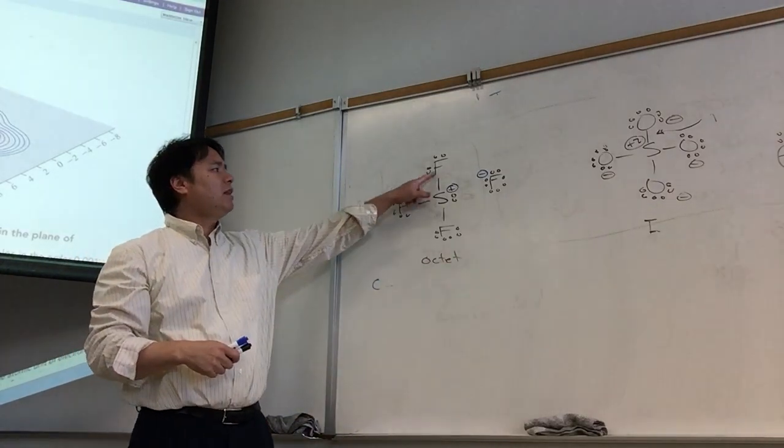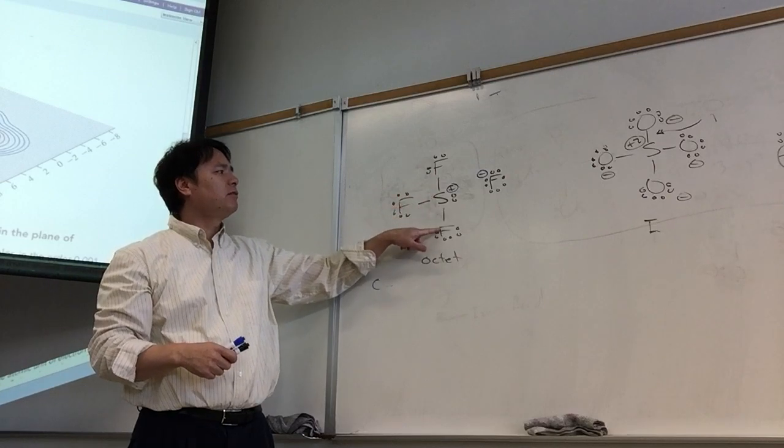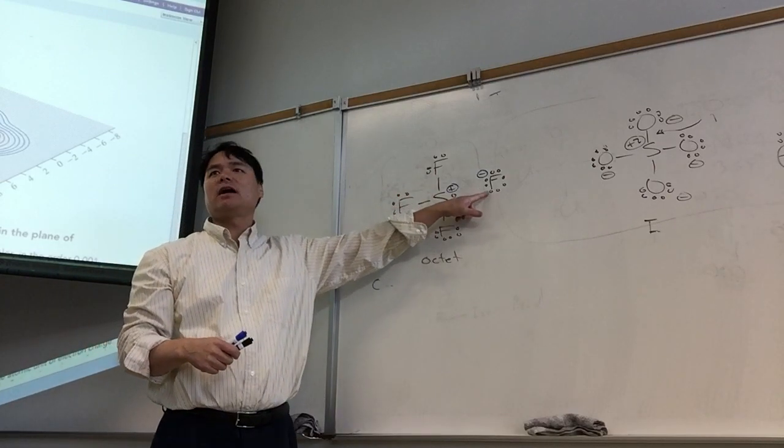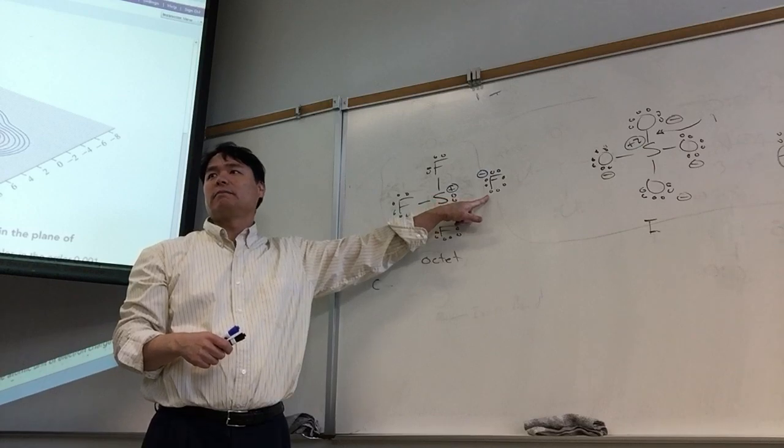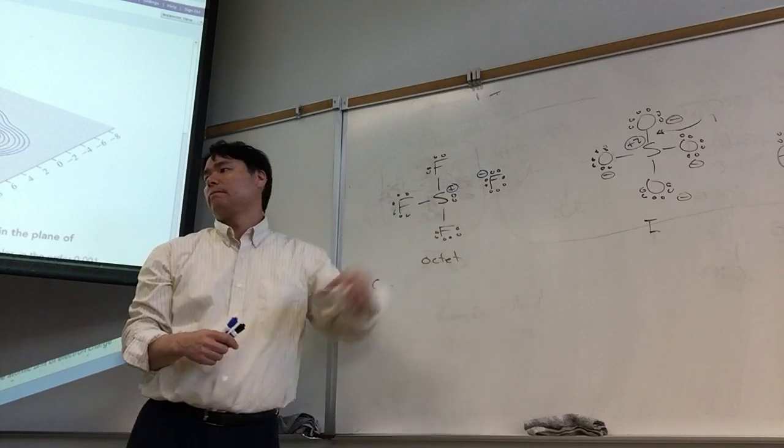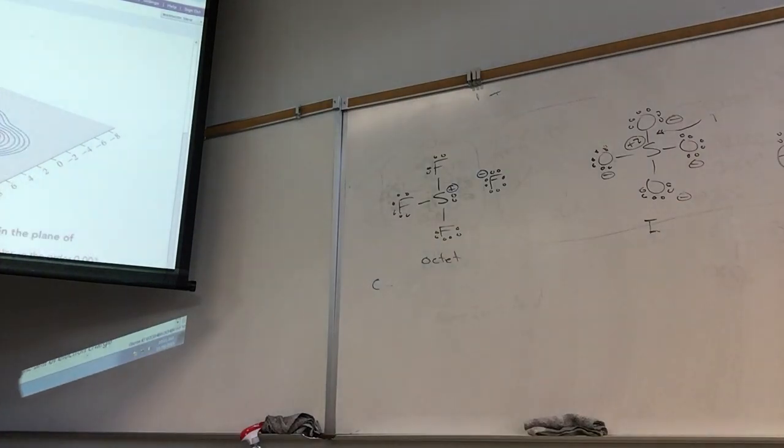I have the covalent bonds to these three fluorines, and then I have an ionic bond to the fluoride. And so it's a mix. And in this way, we don't need to use any d orbitals because we don't have to provide an orbital to overlap. Ionic bonds don't require orbital overlap. Ionic bonds just require ions to be adjacent to each other.